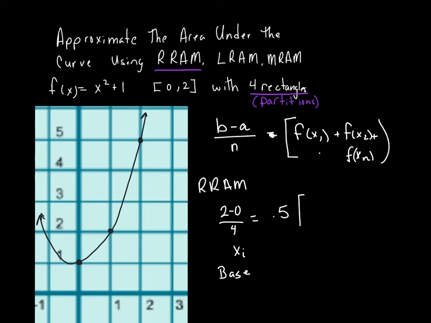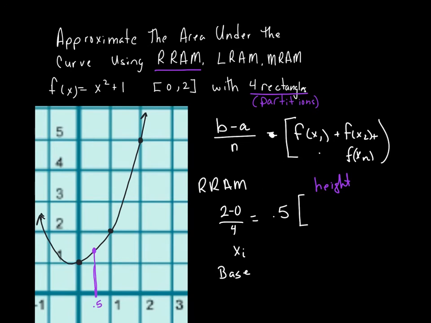Now, I need to find the height. All right, so how do I find that? Well, over here, this is 0.5. So in the right-hand method, I go directly up to where this is, and I need to find that point.